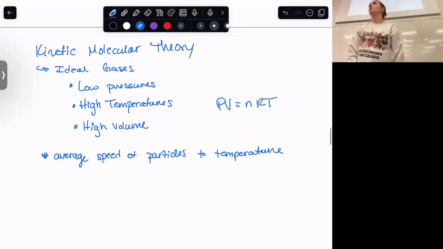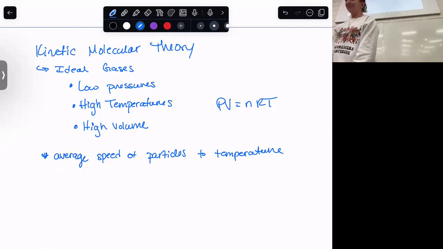So does anyone know one version of the kinetic energy equation? There's two different types. There's a physics one and then a temperature one.